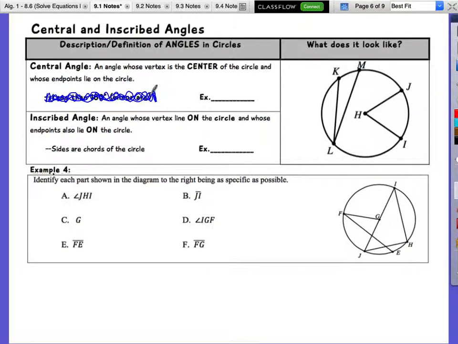Okay, central and inscribed angles. A central angle is an angle whose vertex is in the center of the circle and its endpoints lie on the circle. Notice the vertex is on the center of the circle. Somebody give me an example of a central angle. Make sure you use 3 letters to name this angle. Angle JHI. Perfect.